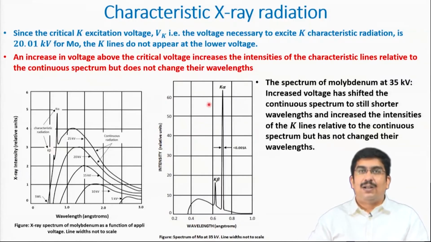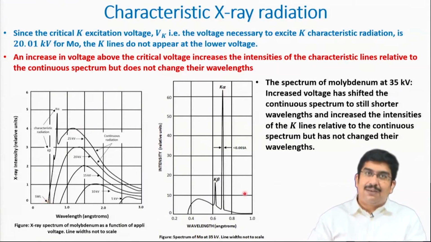Here another example is shown for the same molybdenum target up to 35 kilo electron volt. And here you can see the short wavelength limit has now come down to less than 0.4, whereas here it is still above 0.4 up to 25 kV. So this will definitely happen.